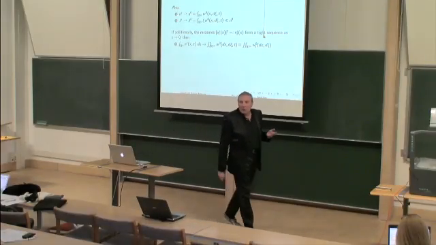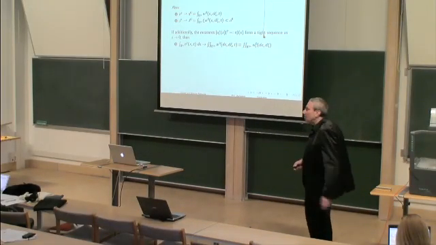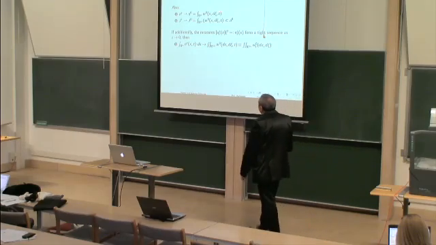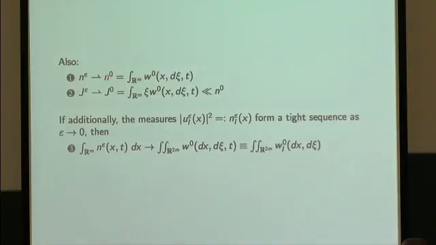Now of course you also want to pass to the limit in the densities. For example, under the assumptions that I made, you can exchange momentum or velocity integration with a limit process. You can compute the limiting position density by just integrating out the momentum coordinate from the Wigner measure, and you can compute the limiting flux density by just computing the first order moment of the Wigner measure with respect to momentum.